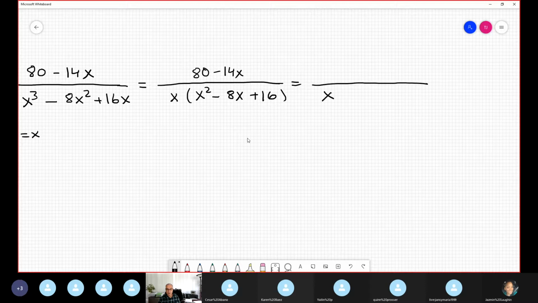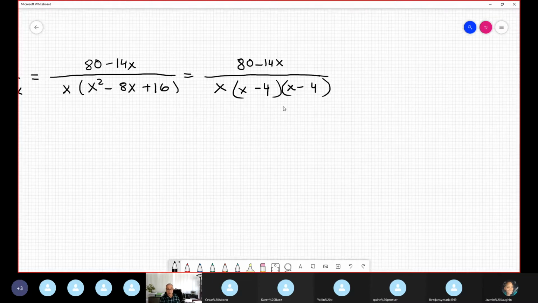In this case, the numerator is 80 minus 14x. Suppose it's regular, I have no idea. The combination is obvious, 4, no? Because 4 times 4 is 16 and 4 plus 4 is 8, and negative both. Wow! But the problem then is that they are twin brothers.